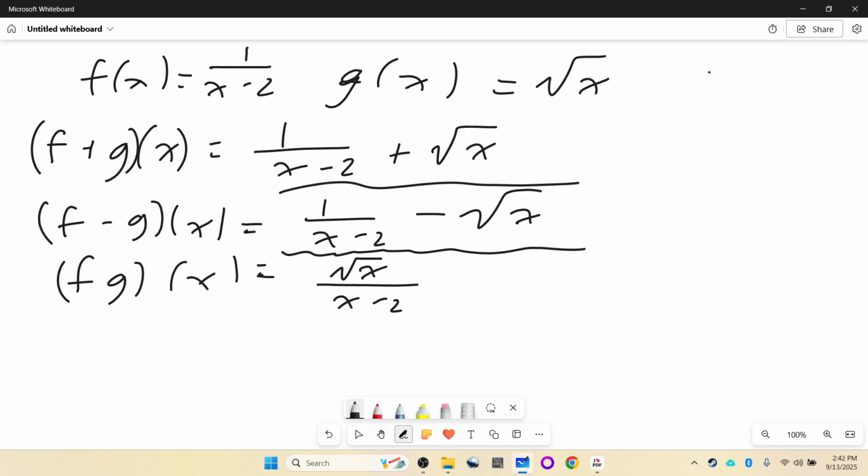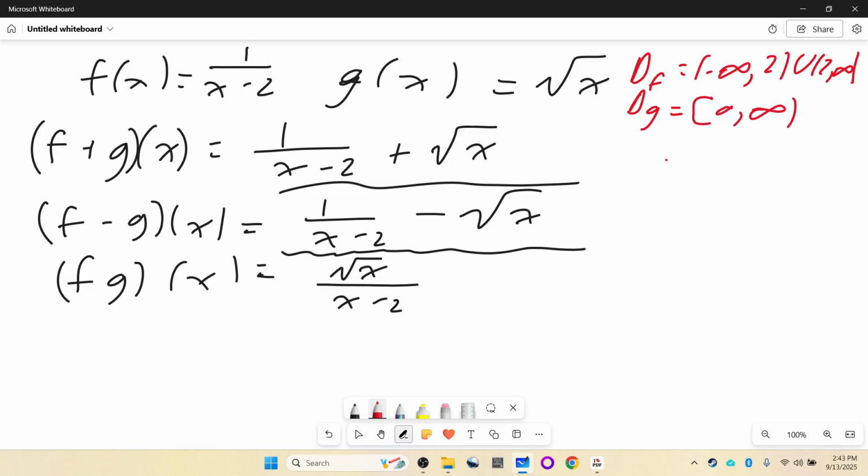Okay. Domain for f is negative infinity to 2 union 2 to infinity. Domain for g is 0 to infinity. So the domain of each of these three is just the combined domains.